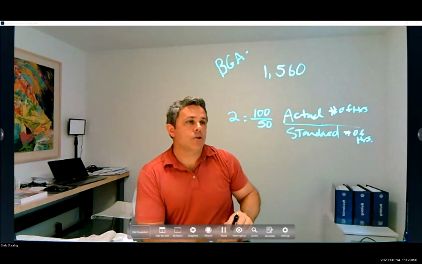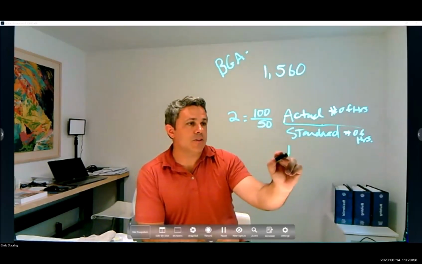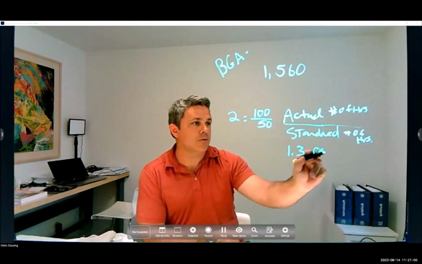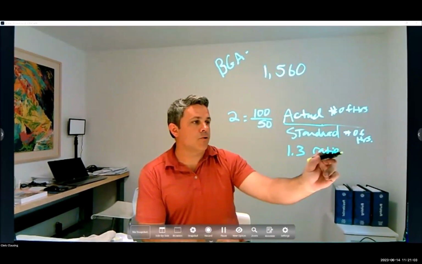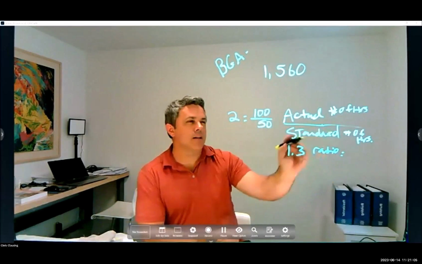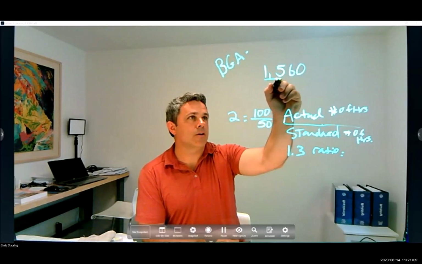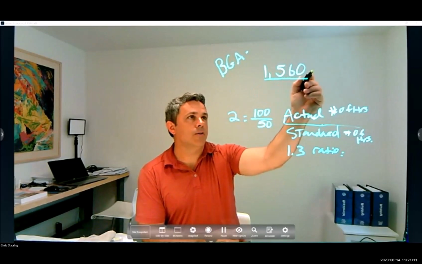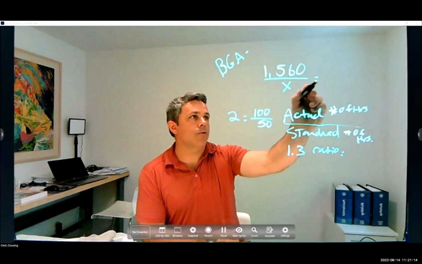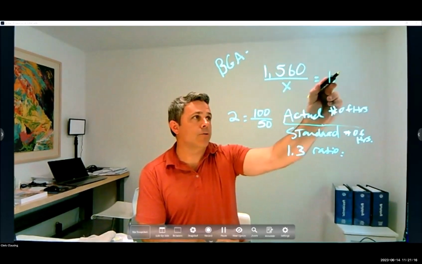So if they give you a 1.3, that's your ratio. If your ratio is 1.3 and it gave you the hours at 1,560, then 1,560 times some number divided by one number equals 1.3.